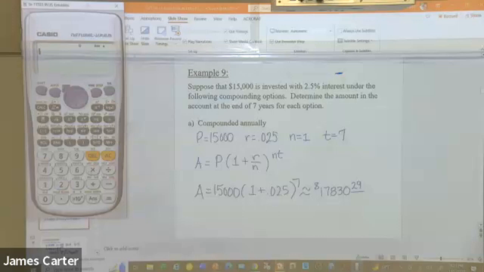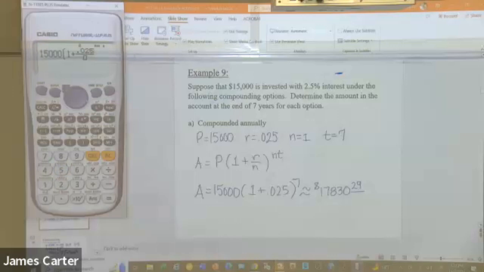I'm going to type in 15,000, parentheses, 1 plus, fraction, the rate 0.025.